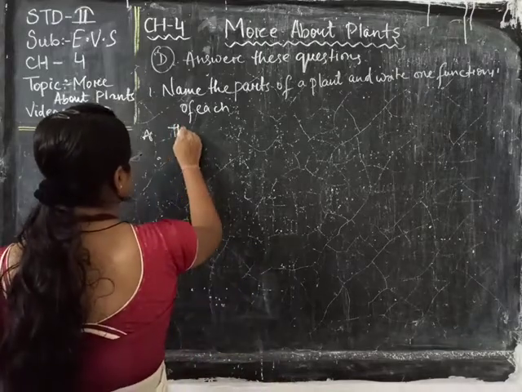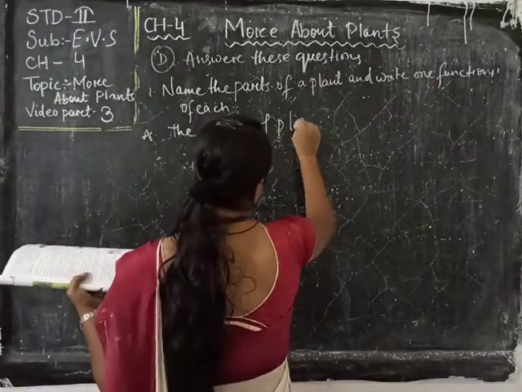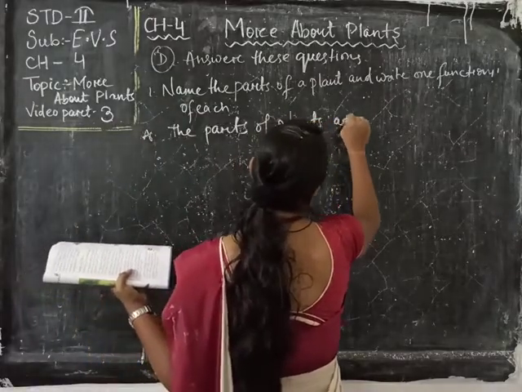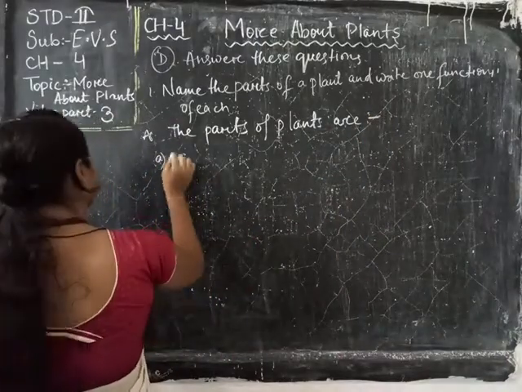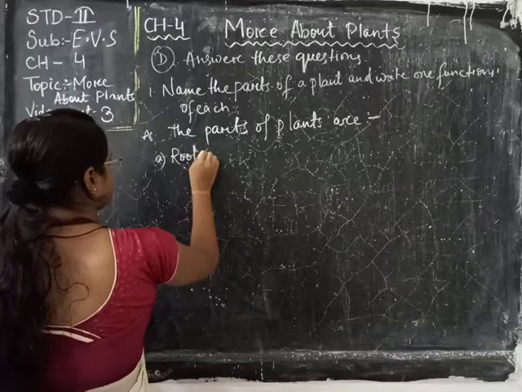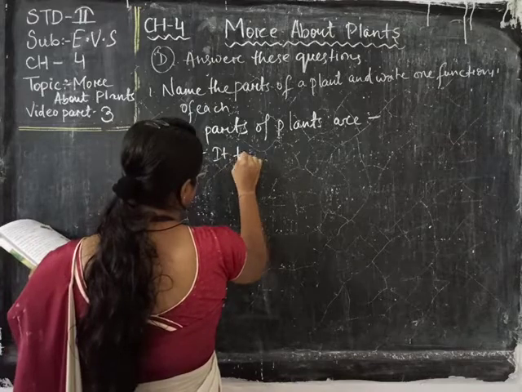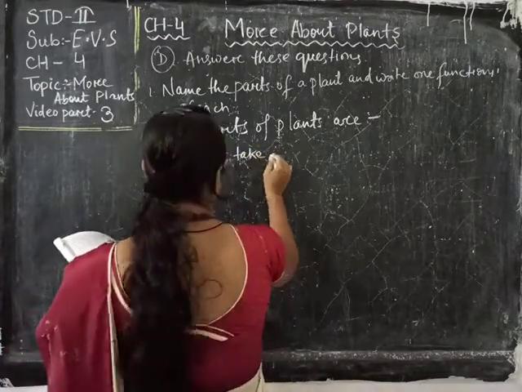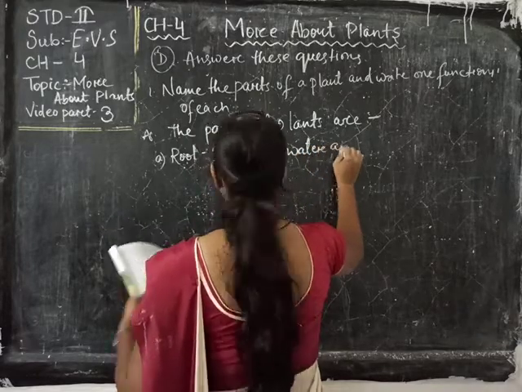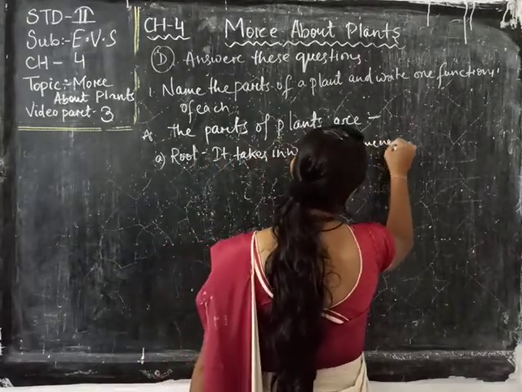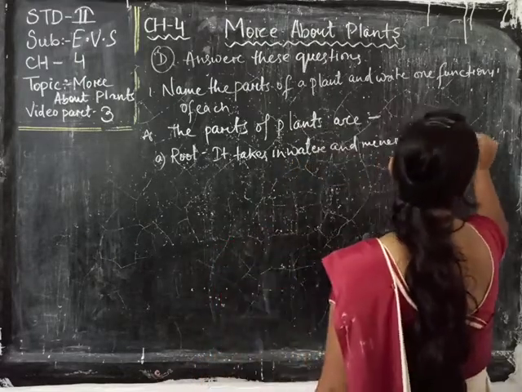The parts of plants are like this. First you will write root. What does it do? It takes in water and minerals from the soil.